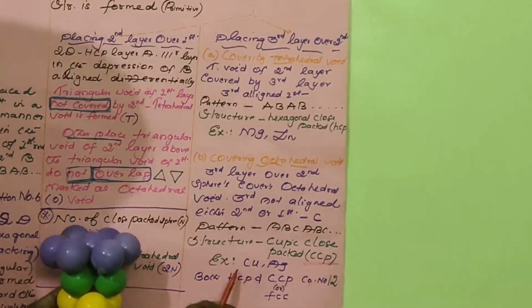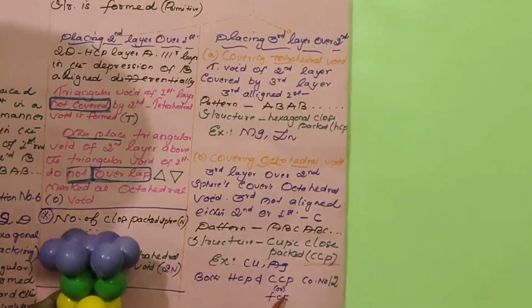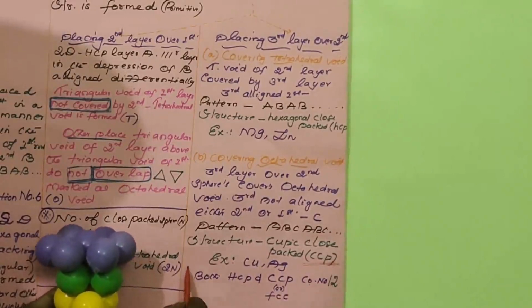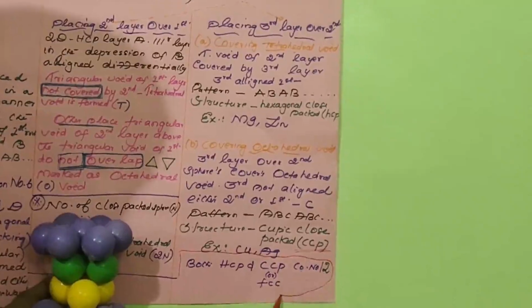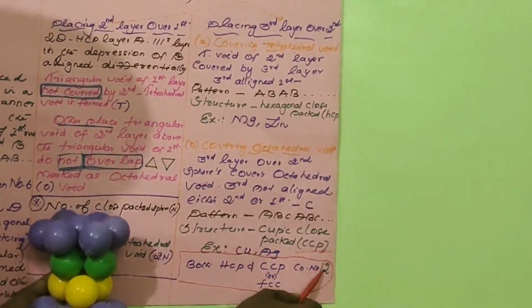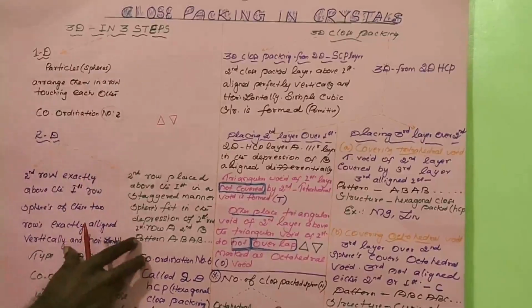Example, copper and silver. Both HCP and CCP; the other name of CCP is FCC. The coordination number is 12. That is important. Shortly it is explained.